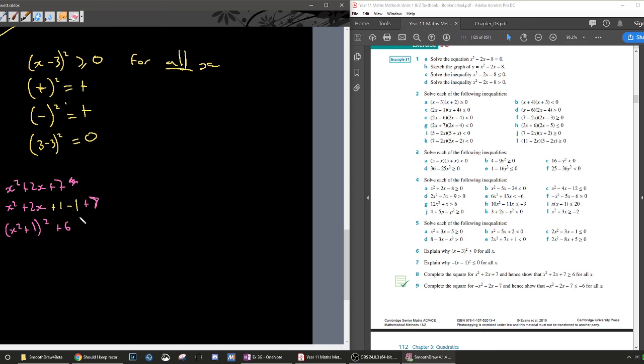Now we could say the same sort of thing is going to go in here. I put that as a squared, that's not a squared. x plus 1 all squared plus 6. That is exactly the same. So we have the same sort of issue.